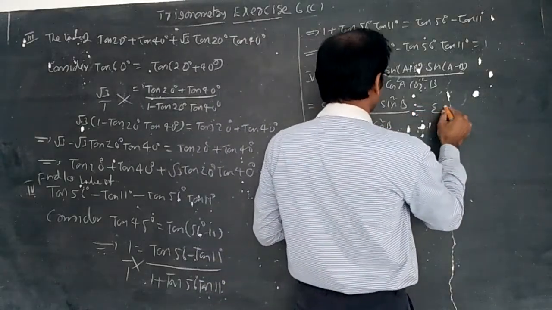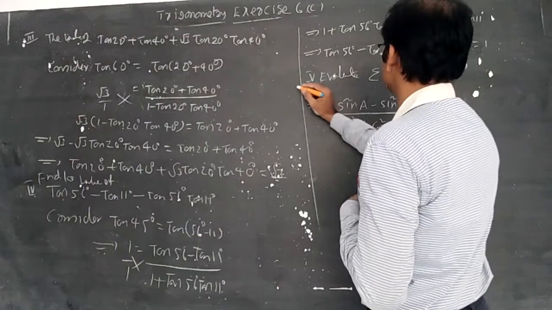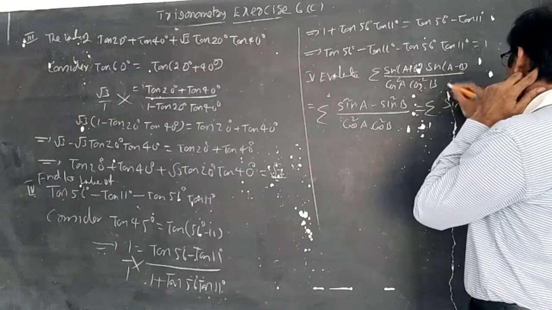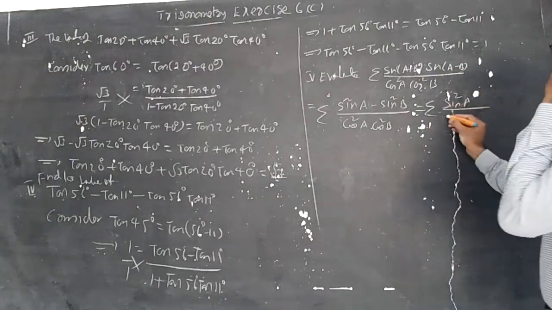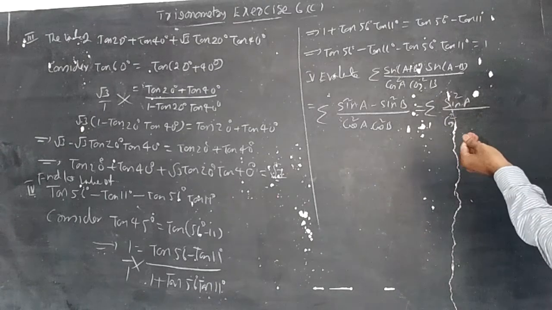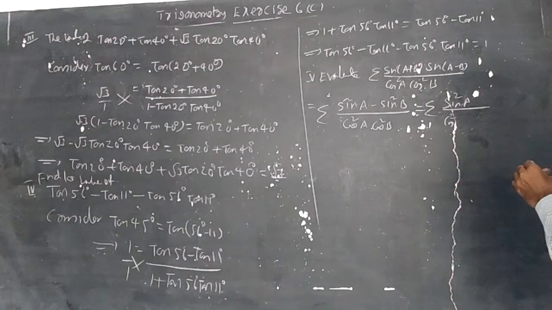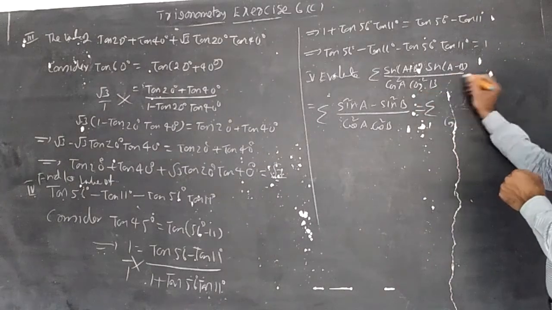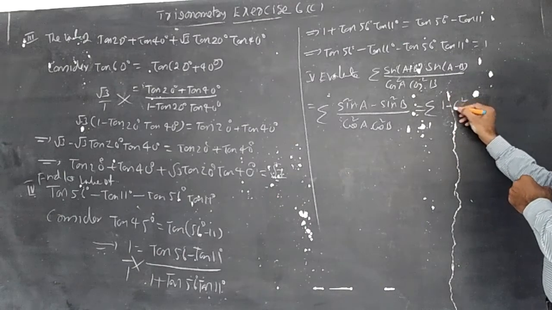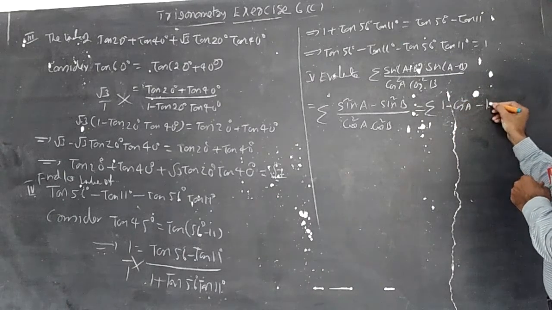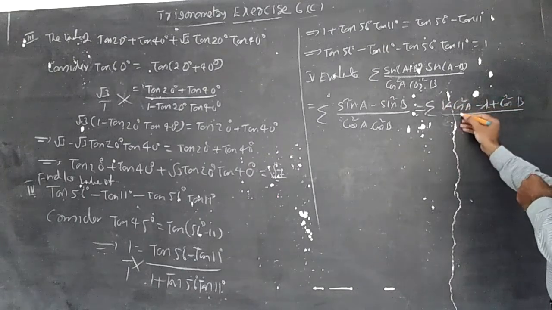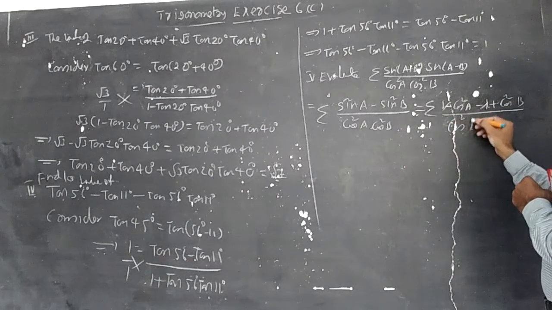Sin square a minus sin square b, or cos square b minus cos square a. So 1 minus cos square a minus 1 plus cos square b, 1 minus 1 get cancelled. Now you get cos square b minus cos square a.